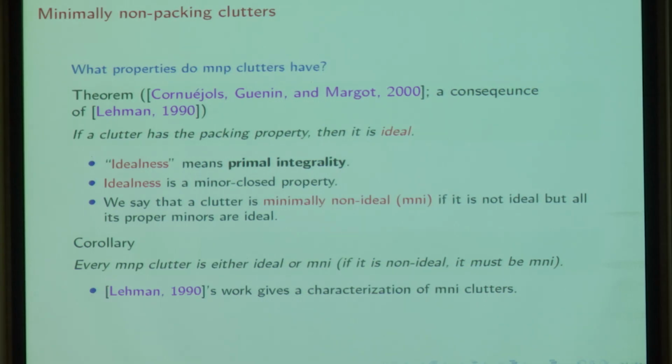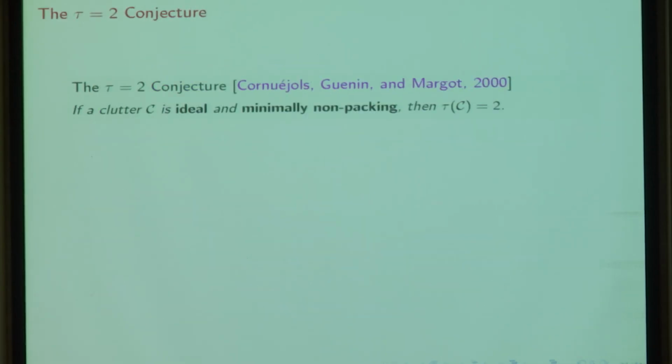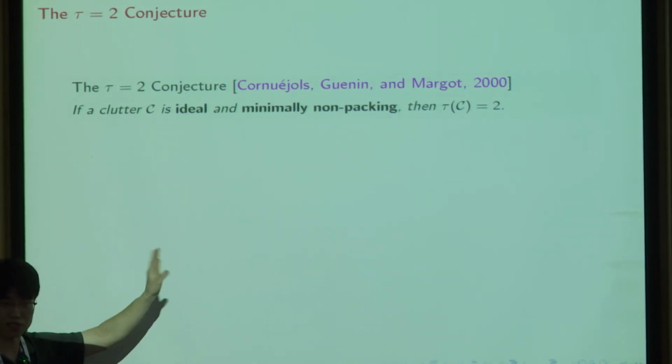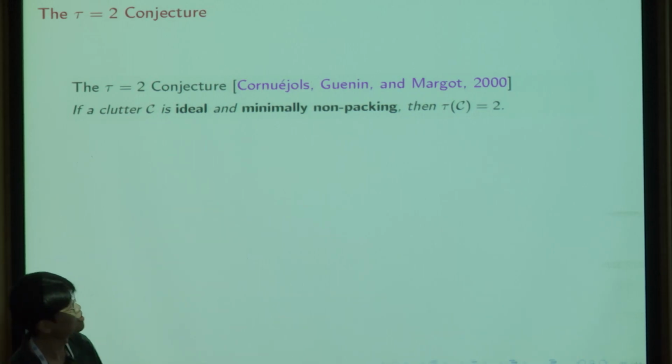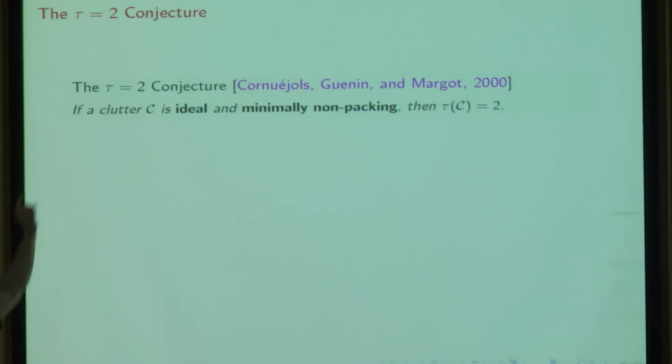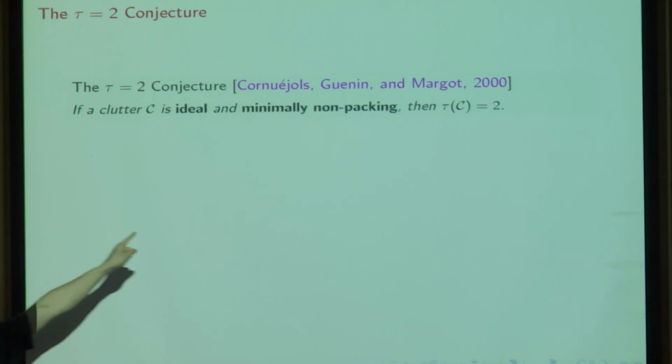That is the question. So let's consider a clutter that is ideal, which was the first outcome of minimal non-packingness. Then this conjecture, called the tau equals 2 conjecture, says that the covering number has to be 2. That is the conjecture.